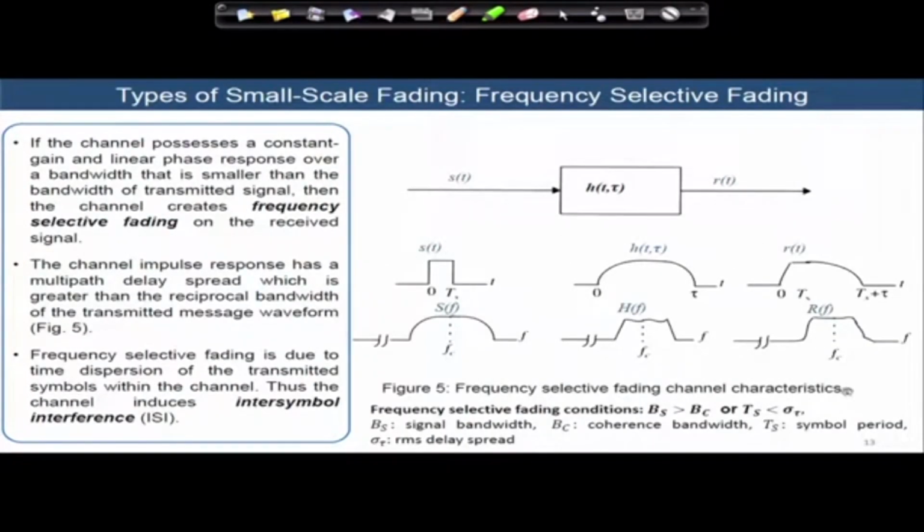Opposite to this is frequency selective fading, when we see that the bandwidth of the signal is more than the bandwidth of the channel considered. In such a situation, the channel can never give you a uniform amount of amplitude change and phase change over all the frequency bands involved in the signal spectrum. Hence, you are going to get a different shape.